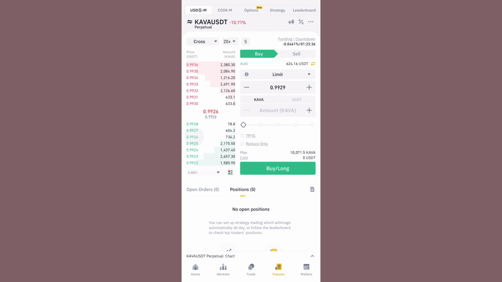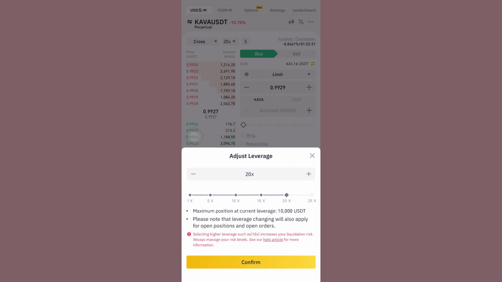0.992. At the front of cross, where you see 20x is the leverage. When you click on it, you will be able to adjust leverage. Leverage is simply the calculation of the trading multiples. Okay, if you use a high leverage, your trades are going to be multiplied in that manner, which means when you use 50x, 100x, whatever you are making is going to be multiplied by that, which would increase your earnings or increase your losses.